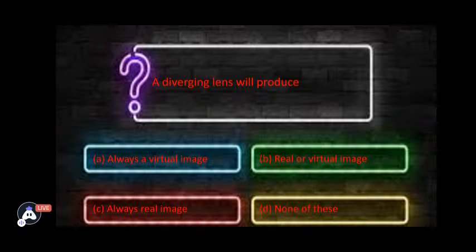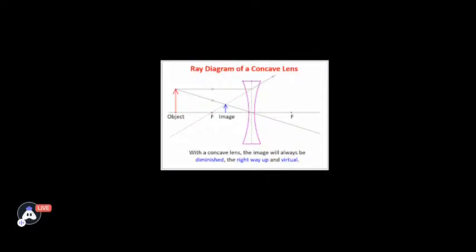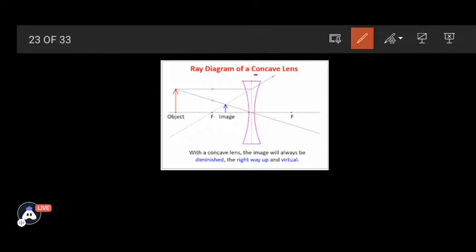And if you remember, we have just two ray diagrams for the diverging lens, only two ray diagrams, and both of the ray diagrams are giving us which type of image. I'll show it to you. See, if I'm talking about the concave lens, you can see the rays are getting diverged after striking the lens. They are just getting diverged. So this is a diverging lens.